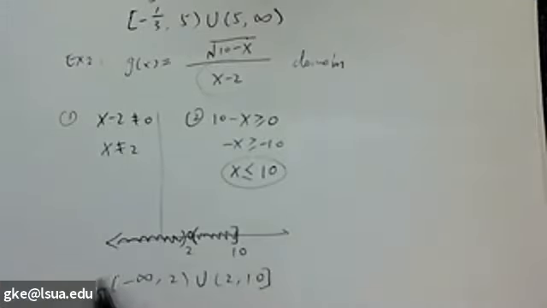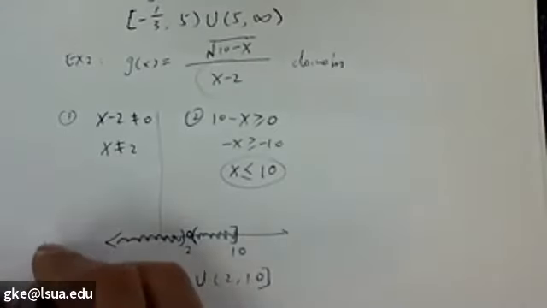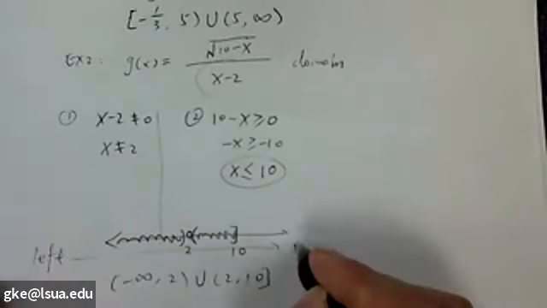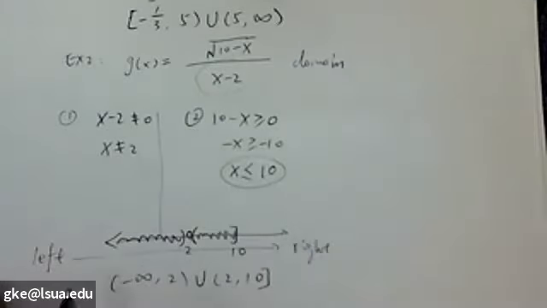That's the rule, okay? I think my MATLAB will only accept from the smallest to the largest. Or you can say, let's start from the left to the right. So here, negative infinity to the 2, and the 2 to the 10, okay?